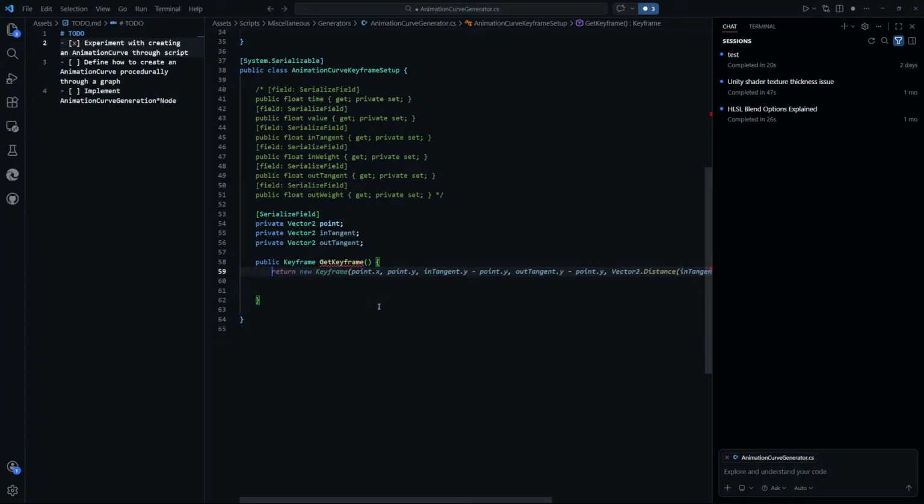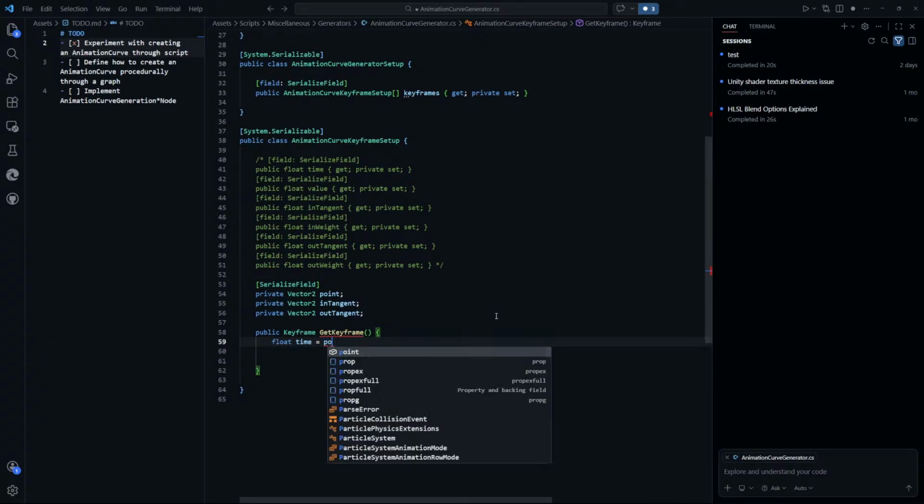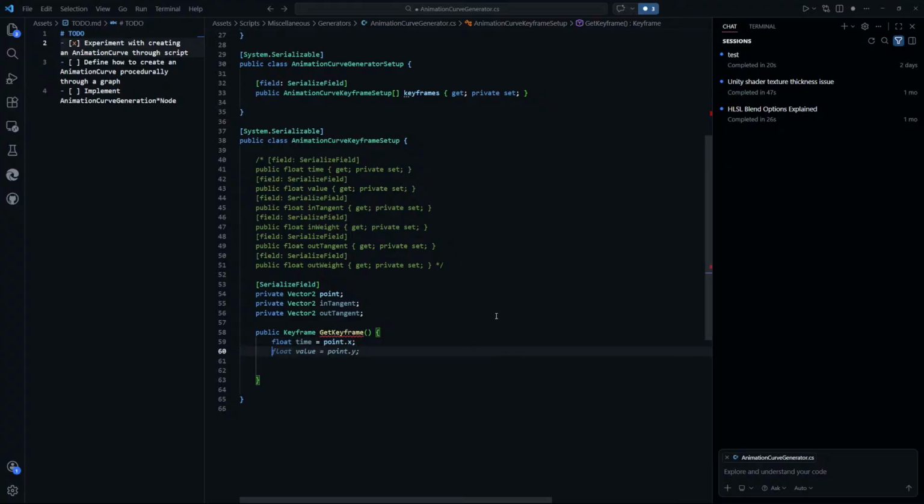So it's going to be like this: float time is just equal to point.x, value is point.y.